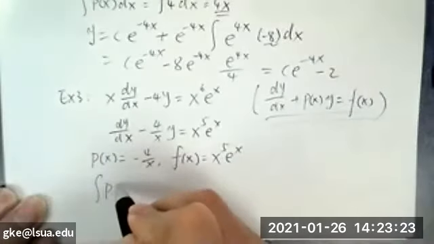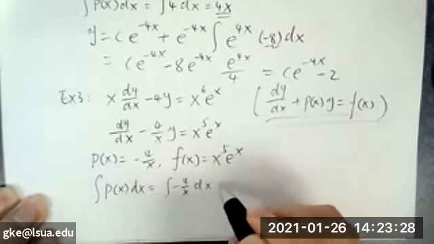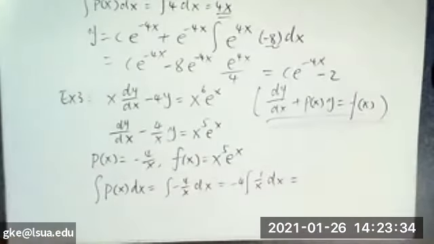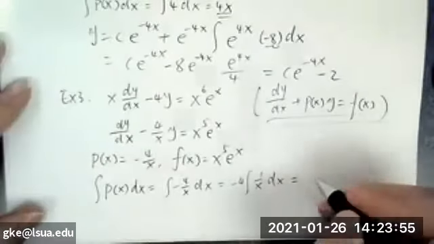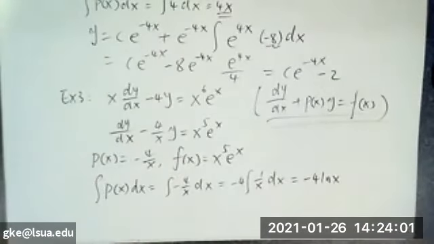The first step, do the antiderivative of p(x). And this guy, what is the antiderivative of this guy? What's the antiderivative of 1 over x? Okay, I know some of you guys already forgot it.